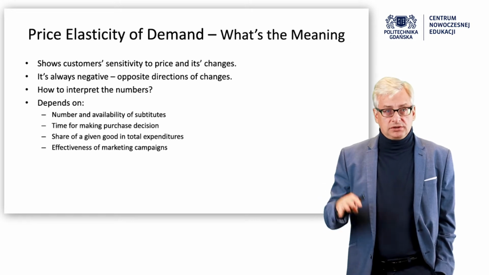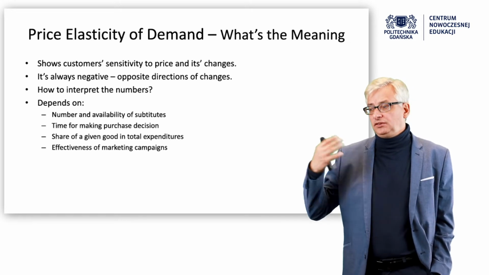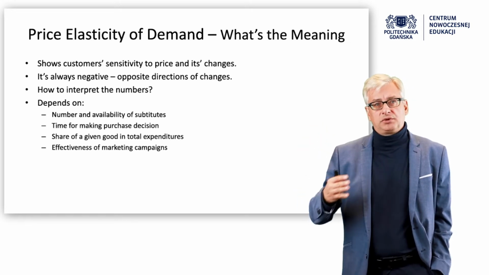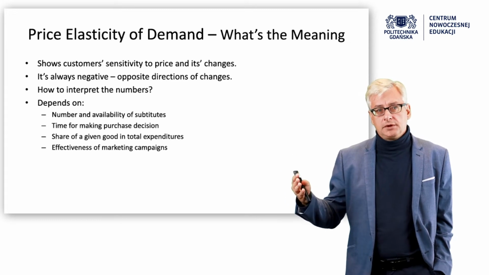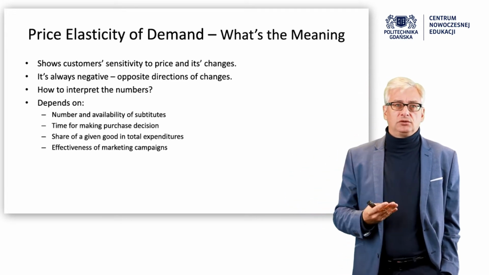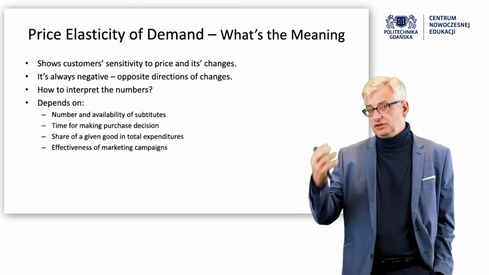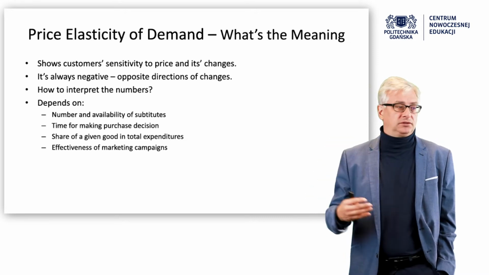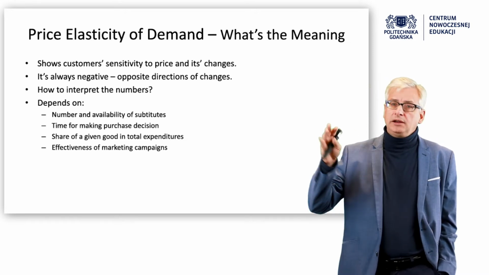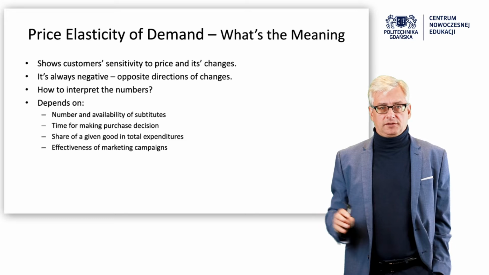How to interpret the numbers? Well, this is analogical to price elasticity of supply. Imagine that you calculate your price elasticity of demand, and this is equal to minus 2.5.